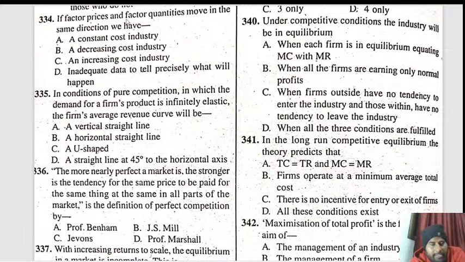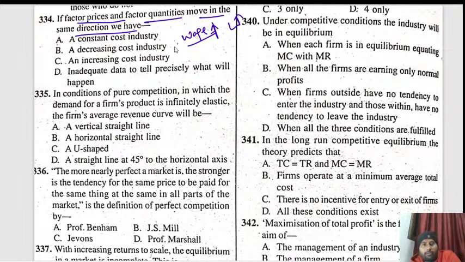If factor prices and factor quantities move in the same direction we have. If factor prices means the prices of labor, means wages if I talk about, and factor quantities means let's say labor, move in the same direction, means if labor is increasing then wage is also increasing.